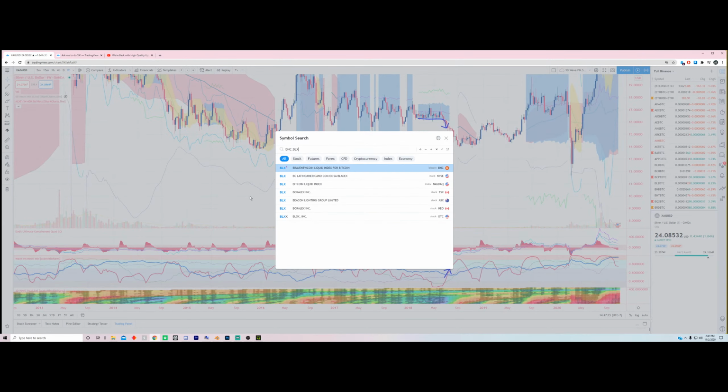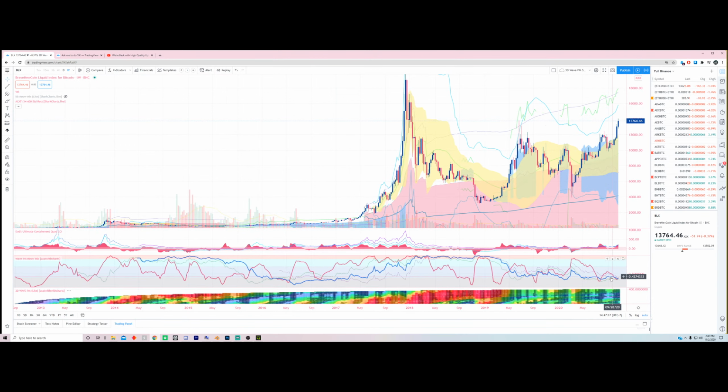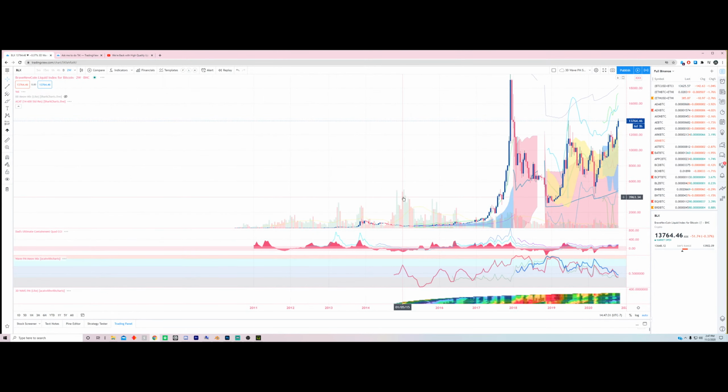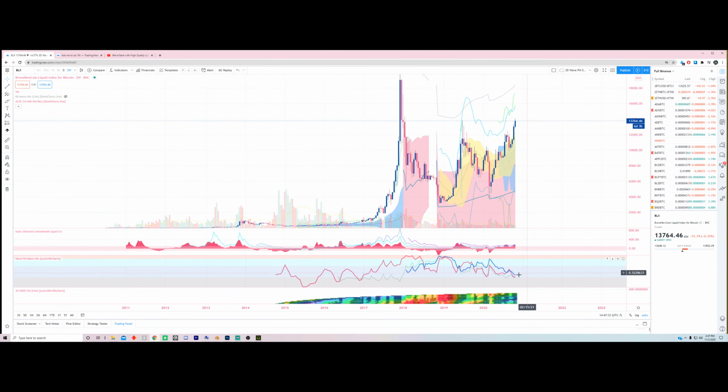So let's go back to VLX. I'm just in awe to see this. That is just phenomenally rare, even on the higher time frames. Okay.